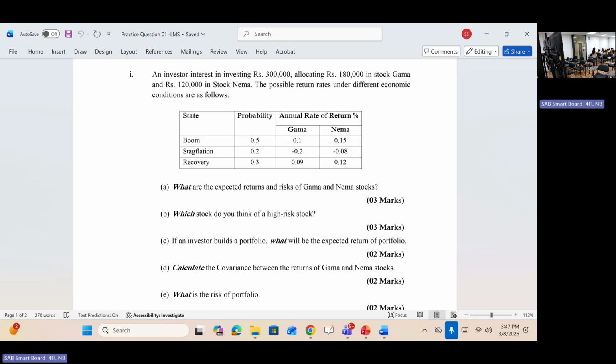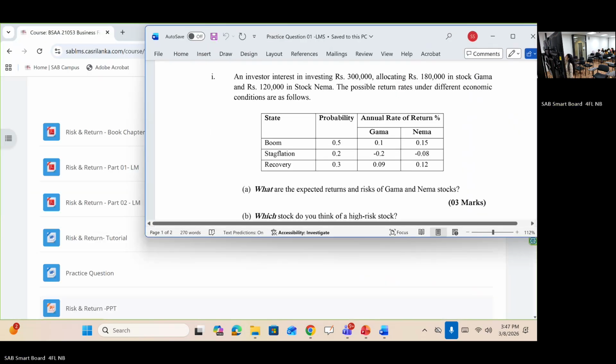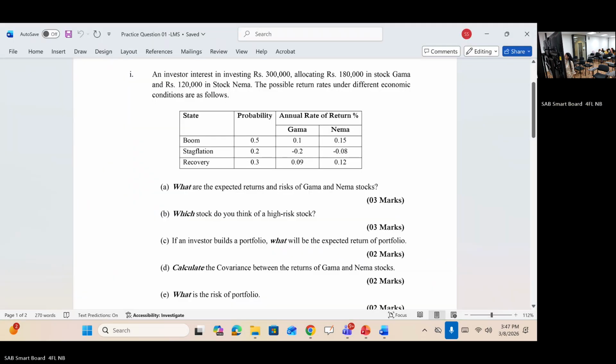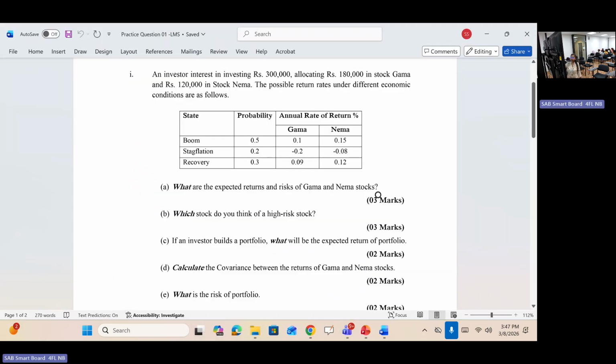Weights, right? Mark it W G, and the other one W N. Mark their weight. We don't know yet which weight.